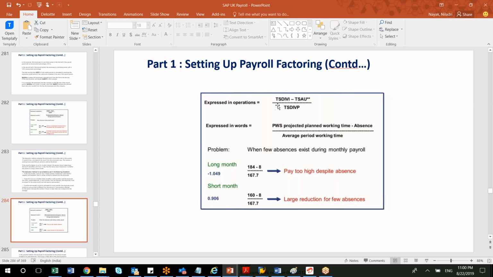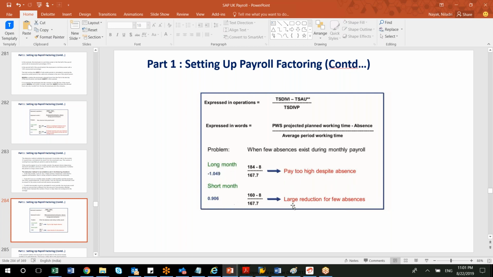On the top, it will have your projected planned working time minus whatever absence, suppose it's 1 day of absence or any such absences, divided by your total average period working time, which is constant here. So even with what I have explained here, pay can be too high despite absences. If it is a long month, your calculation will be a little bit different.